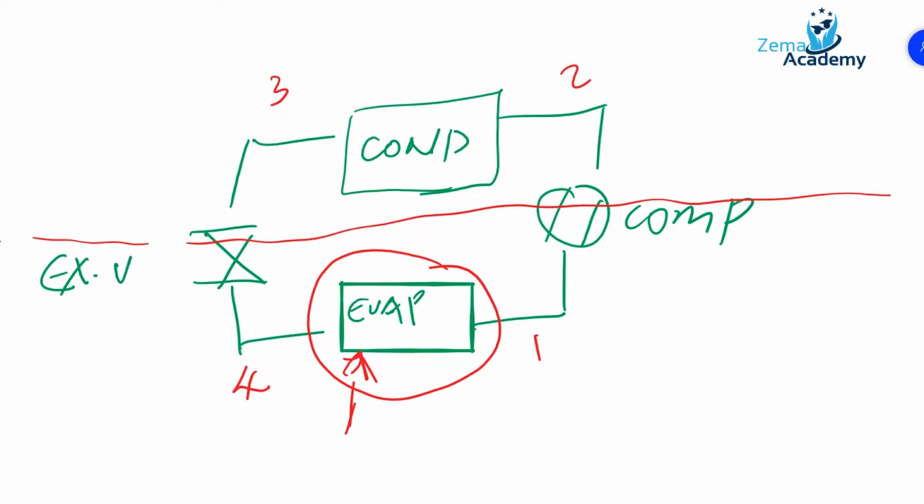So inside the evaporator, at point number 4, what we start with is a low temperature and low pressure liquid, and that is what's going into the evaporator. And of course, as it travels through the heat exchanger, or the evaporator, the refrigerant boils.